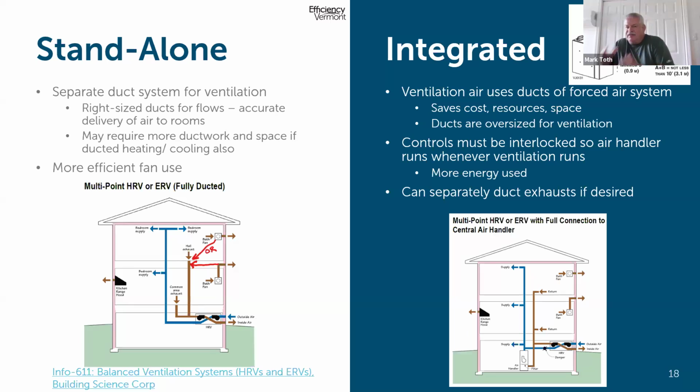If you have duct there already, I would argue to say use the duct that you already have, put your ERV or HRV tied into the return of the existing duct system, and that's one point you would not operate it 24/7. In that scenario, you're going to operate it intermittently. You're going to put it on a timer.